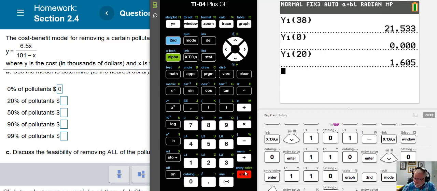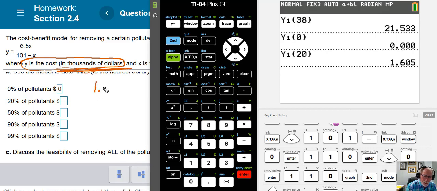Now, there is a little issue with how I answer the problem. Do not type 1.605. If you read the problem, you notice that the y values are in thousands.